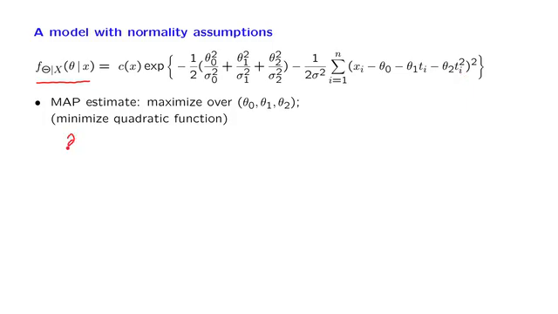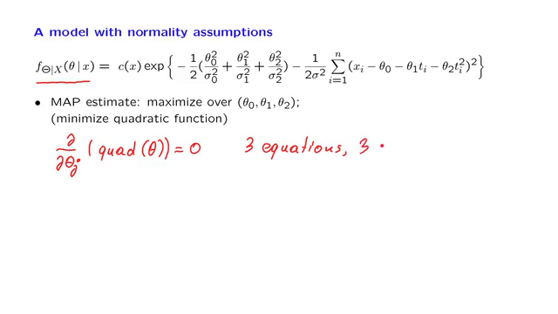We take the derivatives with respect to each one of the parameters and set the derivative to 0. We will get this way three equations and three unknowns.